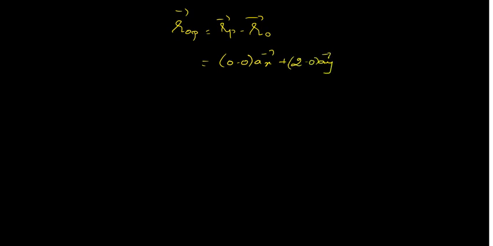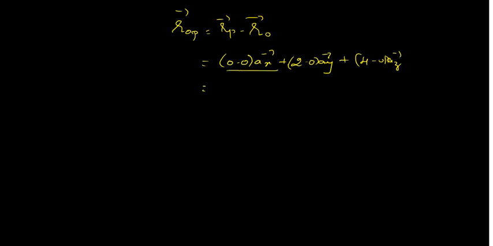So now ROP is equal to Rp minus Ro. So that is equal to 0 minus 0 into Ax vector and 2 minus 0 into Ay vector plus 4 minus 0 into Az vector. So finally, the first term completely becomes 0.